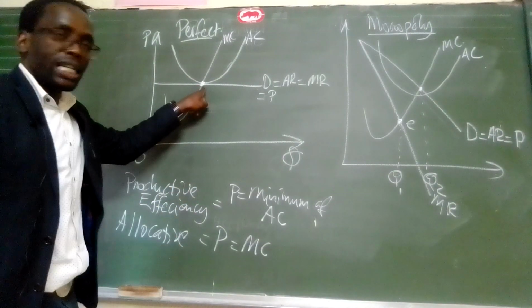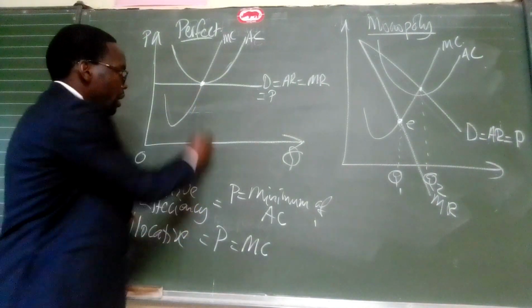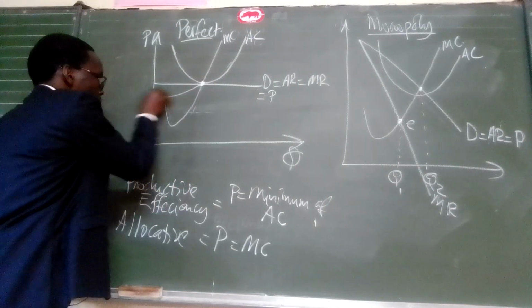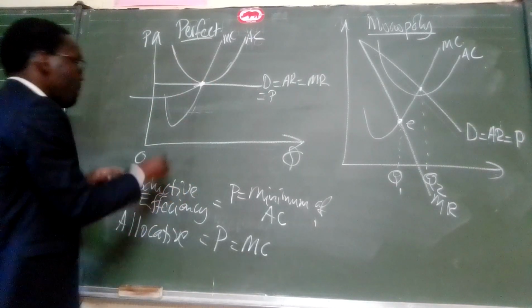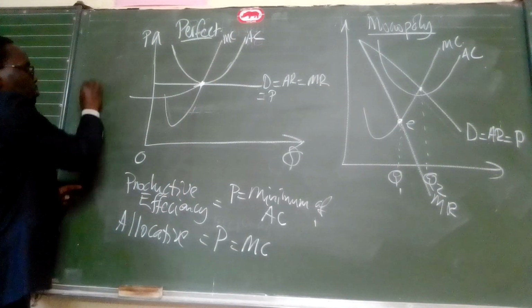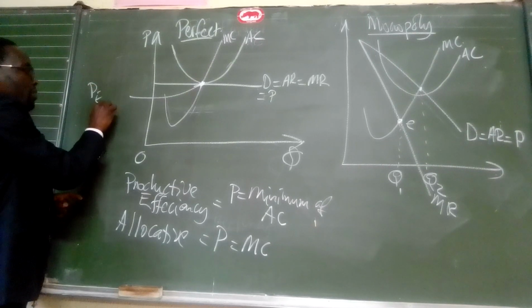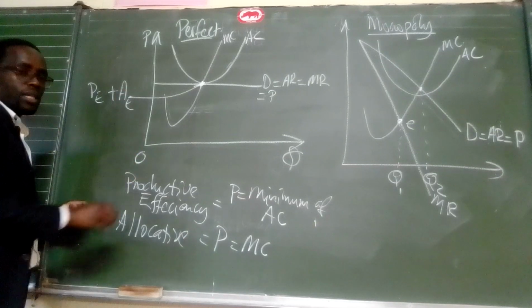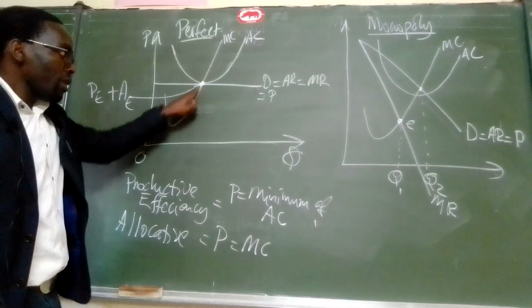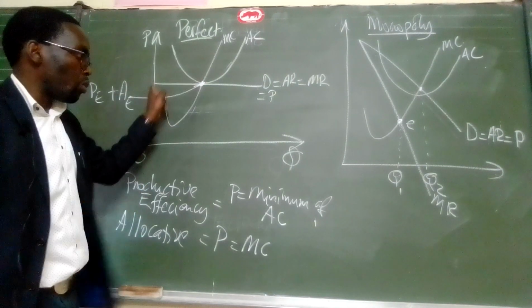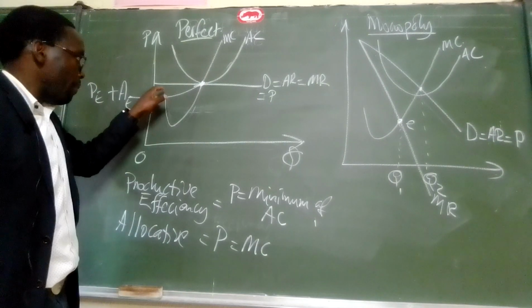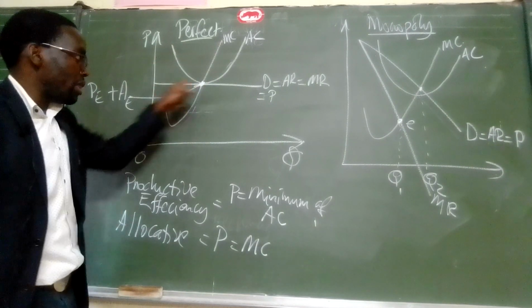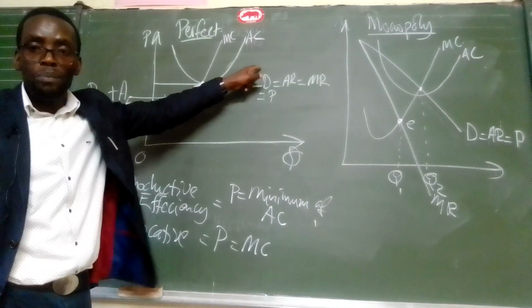So for a perfect market firm, what do we have here? We have both productive efficiency and we also have allocative efficiency. Okay, at this point here. This is where MC is equal to price, and this is where the price is equal to the minimum of AC.